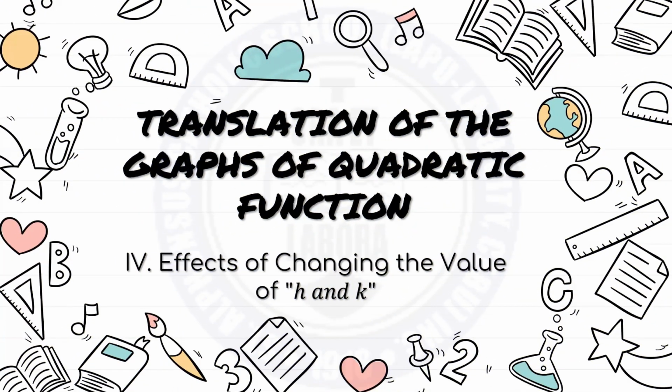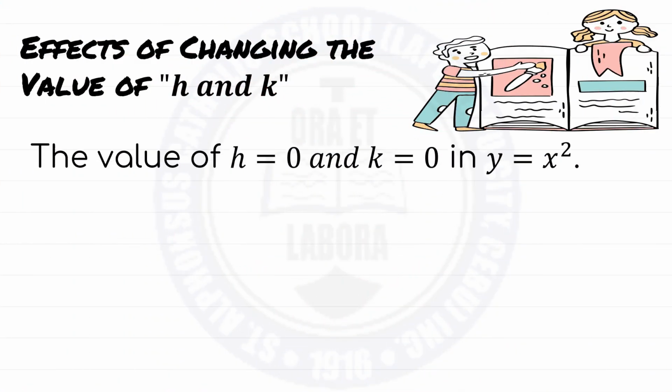Translation of the graphs of the quadratic function, Part 4: effects of changing the value of both h and k. In the previous lesson, we discussed the effects of changing the value of h. This time, let's have them both, h and k. When h equals 0 and k equals 0, we have y equals x squared.